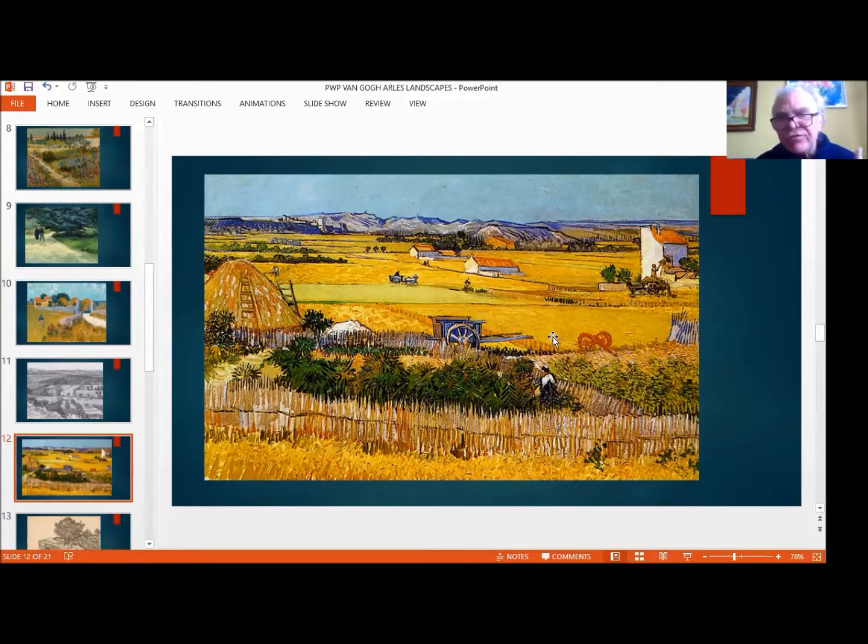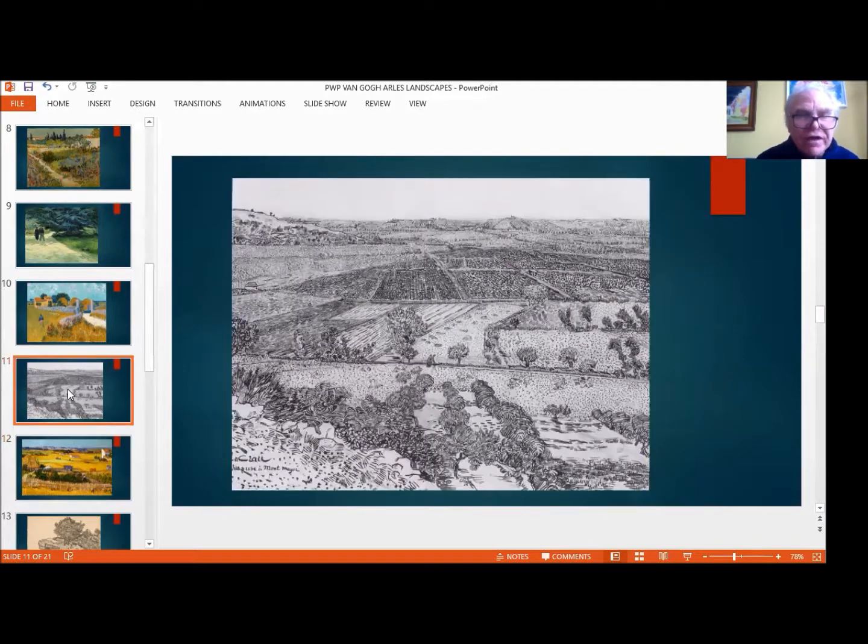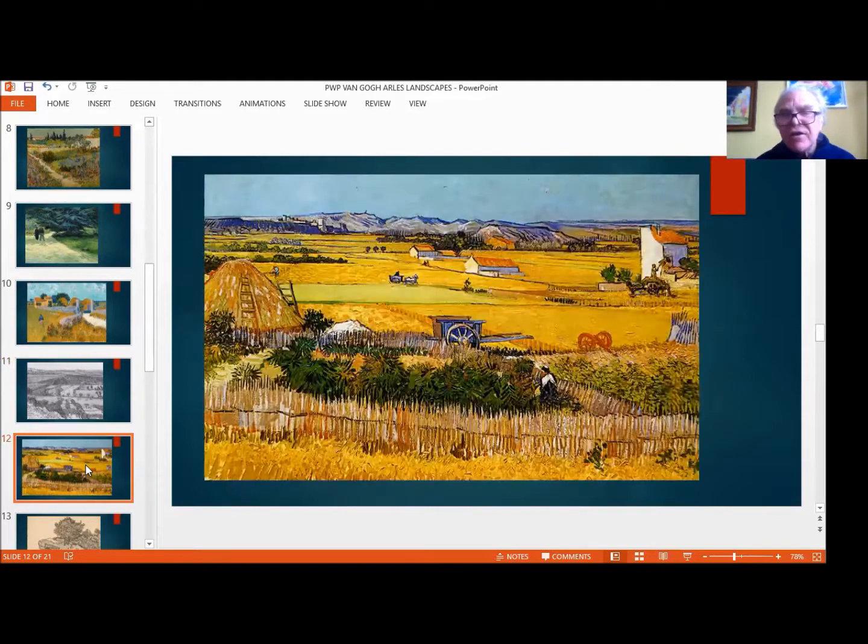So Van Gogh is aligning the drawn line, as in that drawing, and is aligning it with really quite pure colour. And that's one of the great developments of his painting. That's one of the unique features of his painting.